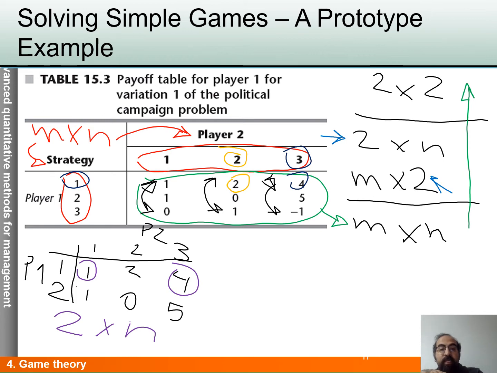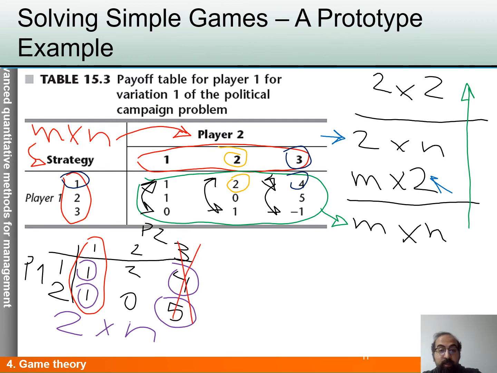By selecting strategy 1, player 2 only loses 1 unit, but by selecting strategy 2, it loses 5 units. So which strategy is dominant? Which strategy is better? Strategy 1. So which strategy can I eliminate?